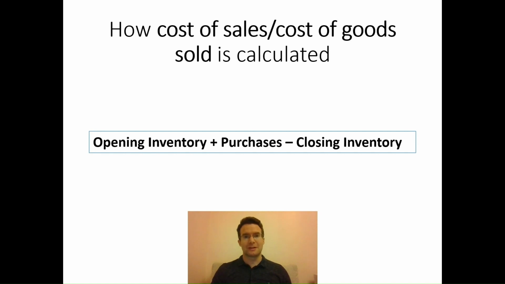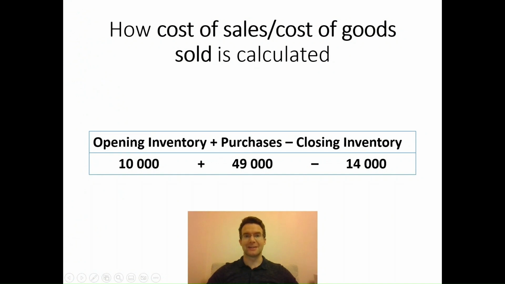You couldn't just use that figure because we don't know whether all of that figure was used in the production of goods. You could have had £10,000 worth of stock in your warehouse at the start of the year and £14,000 worth of stock sitting there at the end of the year, essentially meaning that you did not use all of the purchases you made.